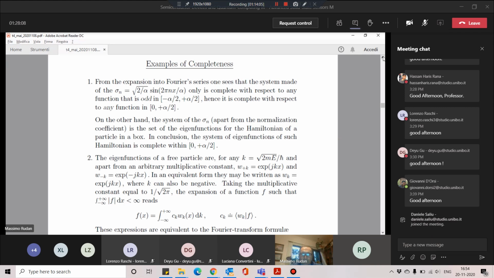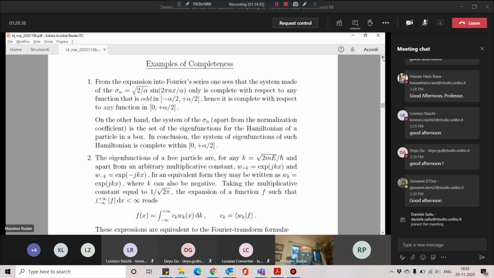You remember when we solved the Schrödinger equation of the particle in a box, we found that the normalized eigenfunctions are, as you can see in the second line of this page, square root of 2 over alpha times sine of 2 pi n x over alpha.